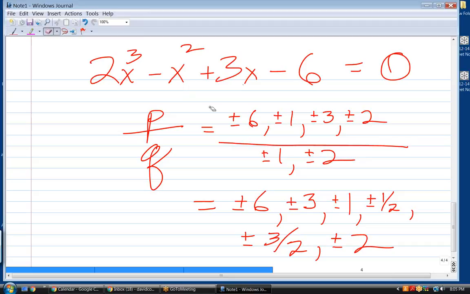How do we determine which one it is? Plug it in for x. And if it's a solution, what happens? It equals 0. The more practical way to do it is to synthetically divide this by each of these.